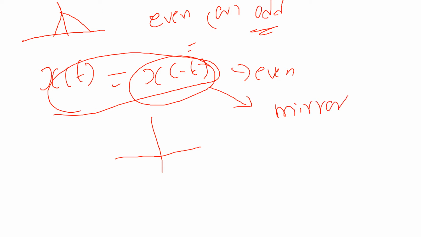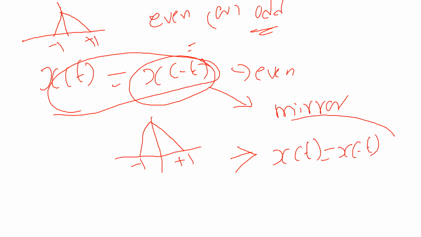Even if I mirror it, the time duration has not been given in the question, so we can assume this is minus 1 and this is plus 1. So even if we mirror it, we get the original signal back. So this is going to be minus 1, this is going to be plus 1, and hence, since this particular condition has been proven true, we call the given signal an even signal.